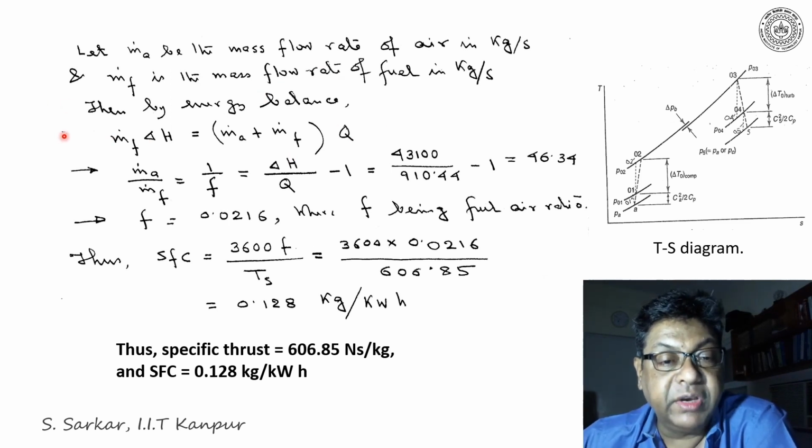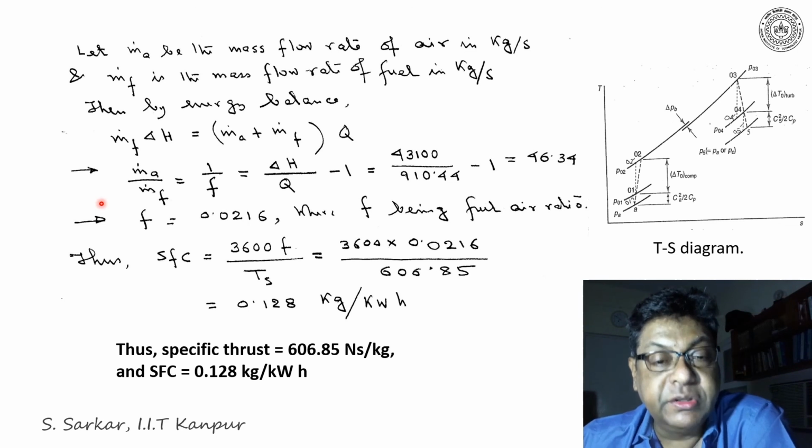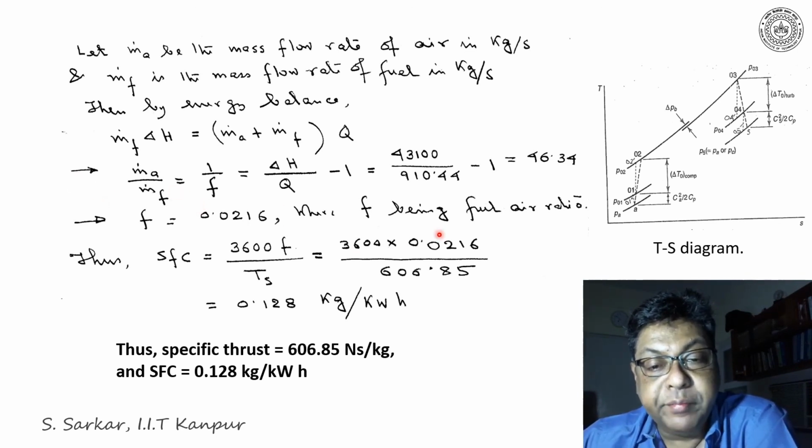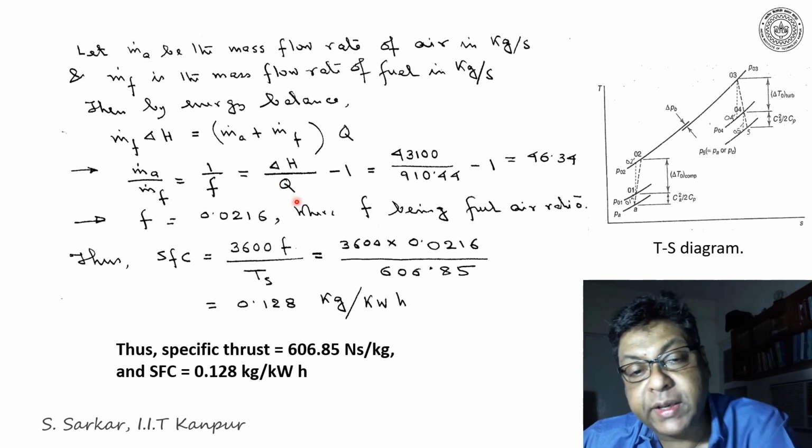And from this equation I can project the value of m dot A by m dot F, which is equal to 1 by f, where small f be the fuel air ratio, which can be written as now del H by Q minus 1.